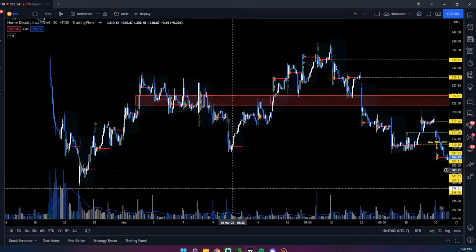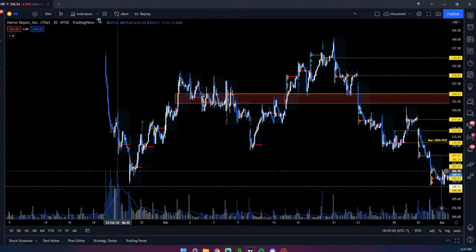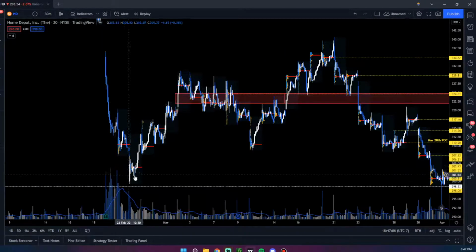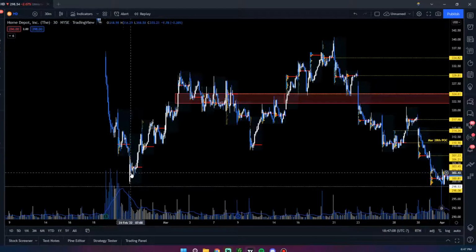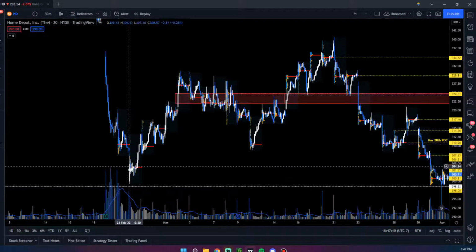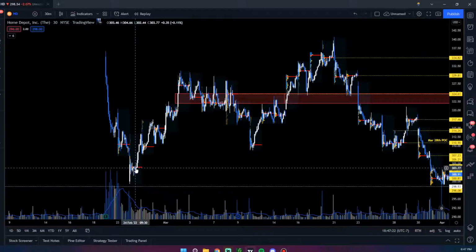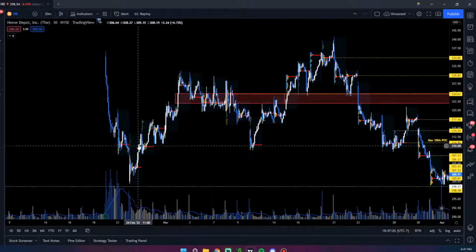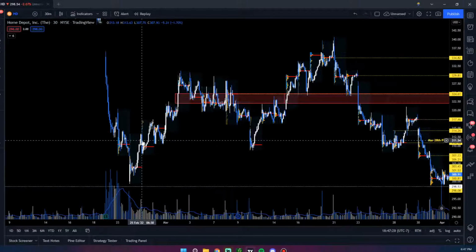how you want to think of their orders is, let's say they wanted $100 million of HD. And so they place their $100 million dark pool order for HD right here as a limit order at 304. And let's say they get a partial fill of 50 million and then the price starts ripping up, right?